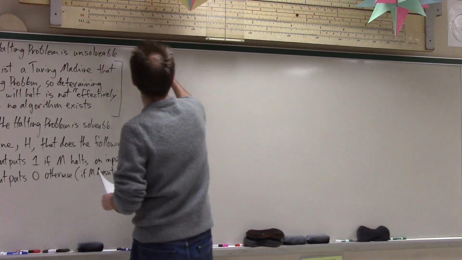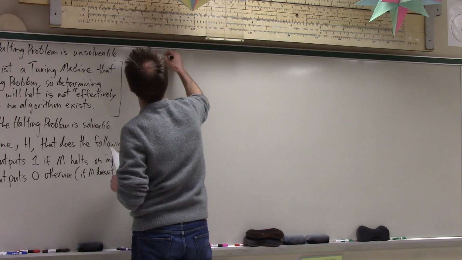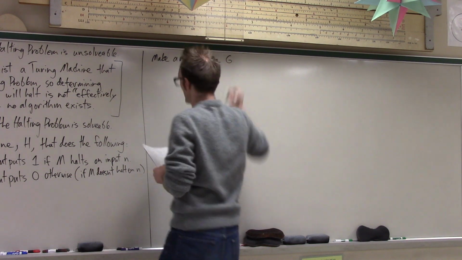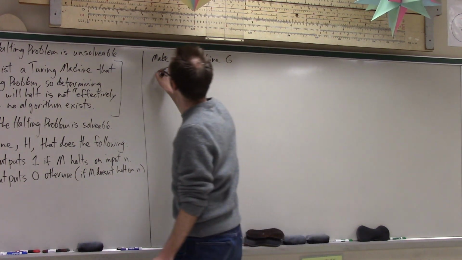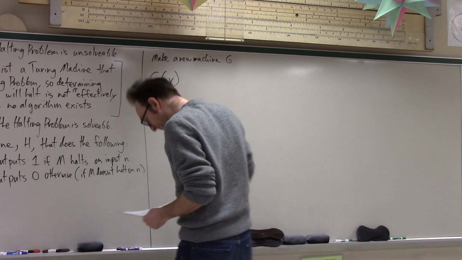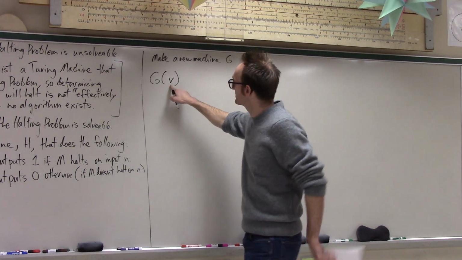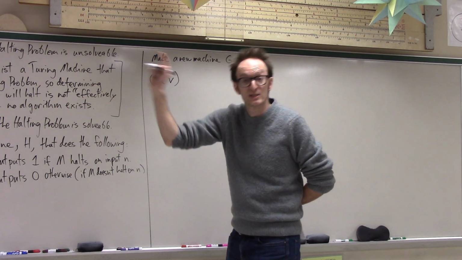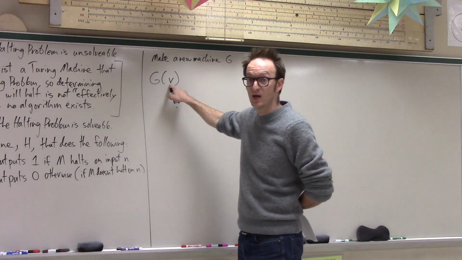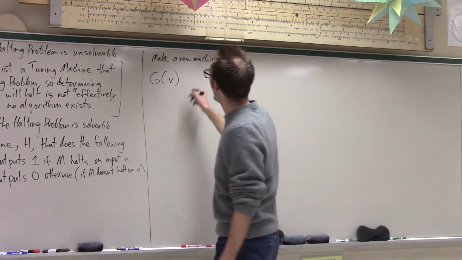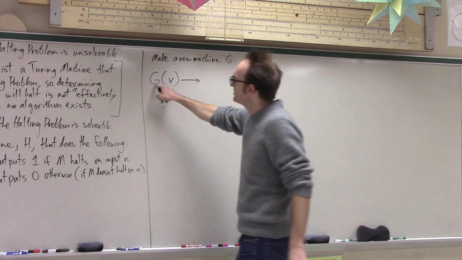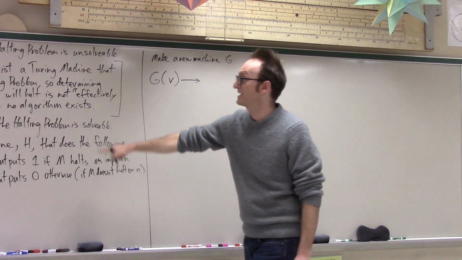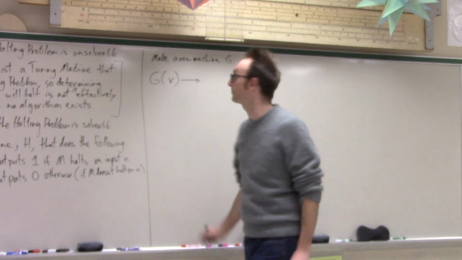What we do is we make a new machine G. And this new machine G takes a single input. G is fed some number V, which is hopefully the code number of a Turing machine. So V itself is one of these long numbers of powers of primes, which if decoded gives you the directions of a Turing machine. Now the first thing this machine G does is it has access to this halting machine that we're assuming temporarily exists.